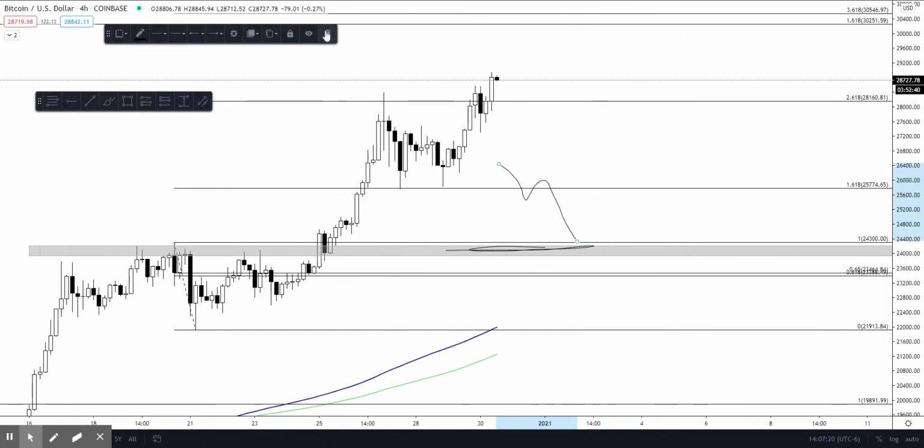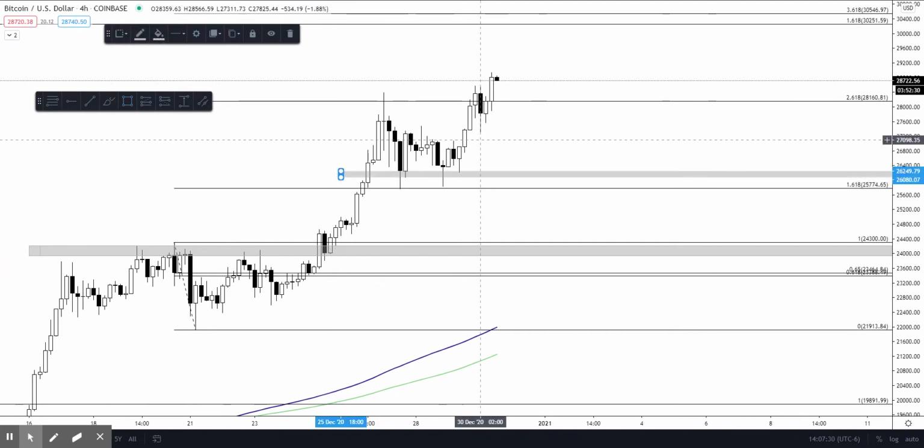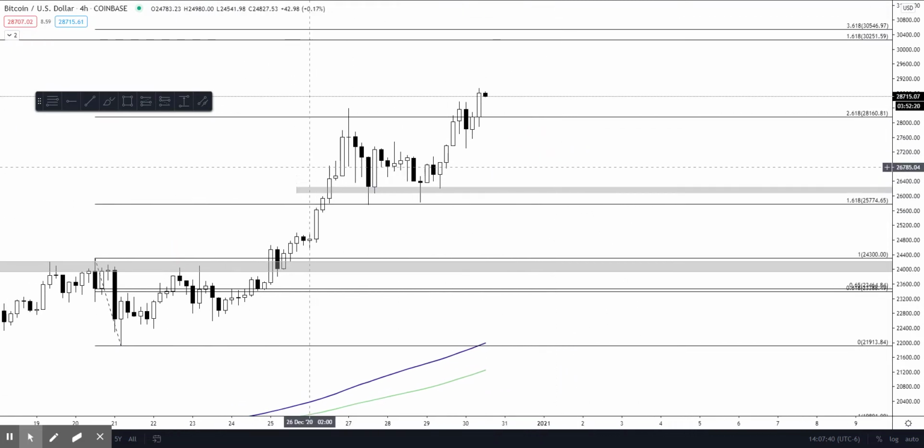Okay, and then another 4 hour demand zone. You could argue with me here, but I would say there's 4 hour demand here as well. You could maybe even pull this up a little bit, so maybe somewhere in this region where we wick down, or where price failed to close below 3 times and tested it 3 times bullishly.